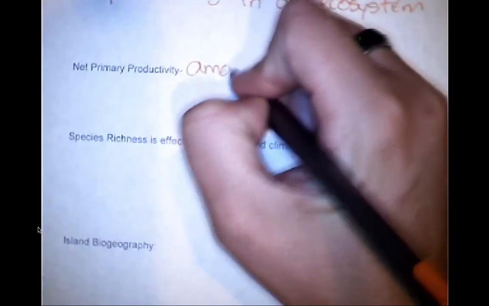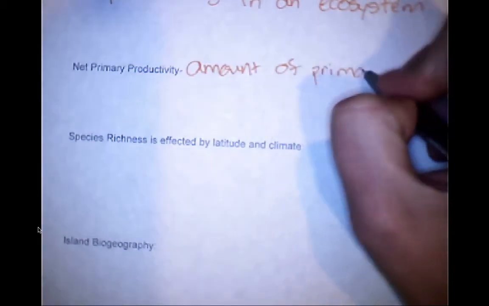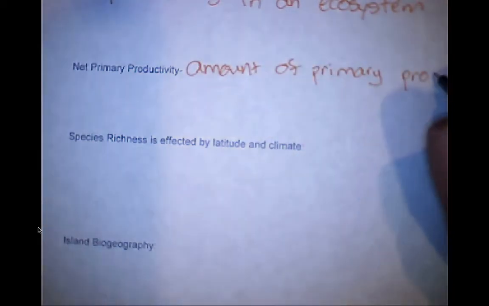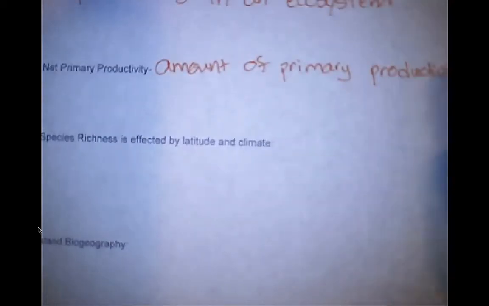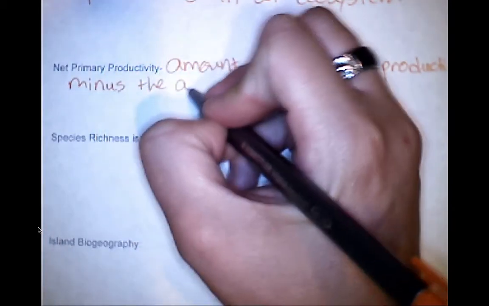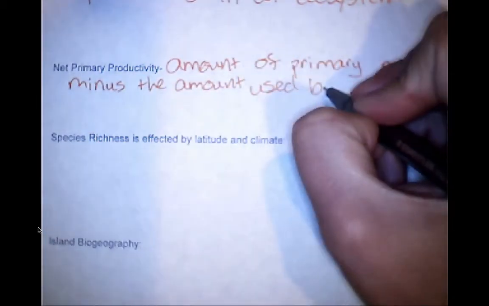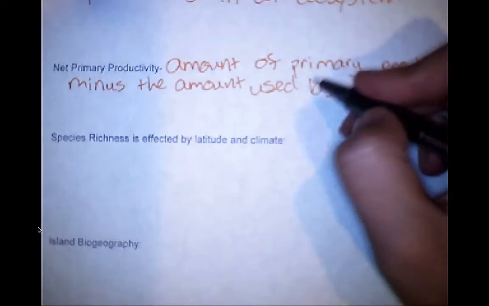Now, net primary productivity is probably more important because it's the amount of primary productivity minus the amount used by or used for respiration.